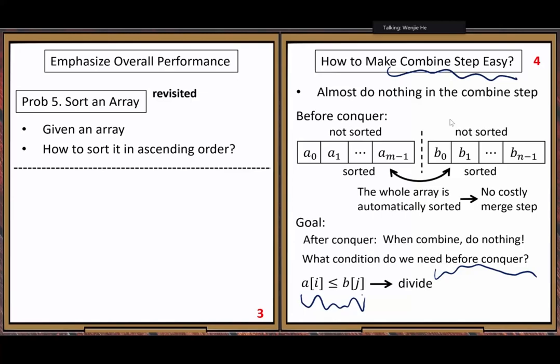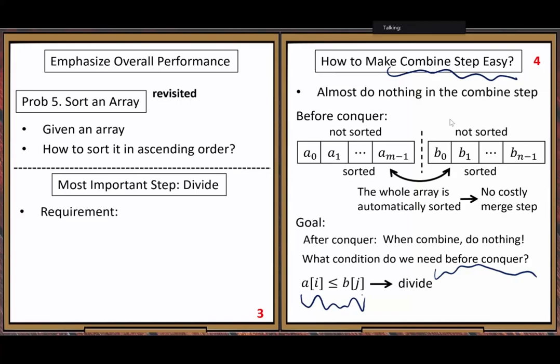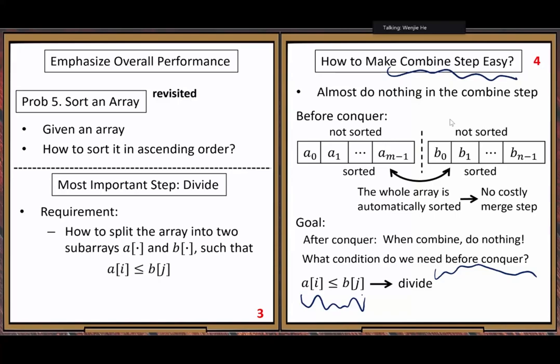All right. So let's look at this most important step, the divide step. Requirement: how to split the array into two subarrays, A subarray and B subarray, such that A of I is less than or equal to B of J. Definitely, we do not require these two subarrays to be sorted.